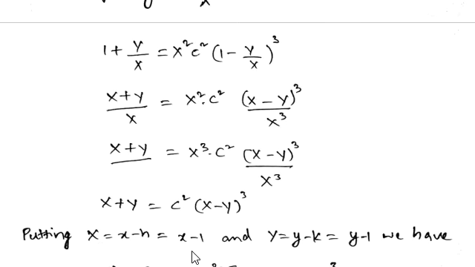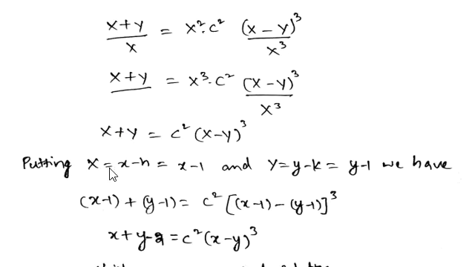So capital X is equal to small x minus 1, and capital Y is equal to small y minus k, and k we got 1, which means capital Y is equal to small y minus 1. So when you substitute these capital X and capital Y values in this equation, you can write in the place of X, small x minus 1 plus small y minus 1 is equal to c square into small x minus 1 minus small y minus 1 whole cube.